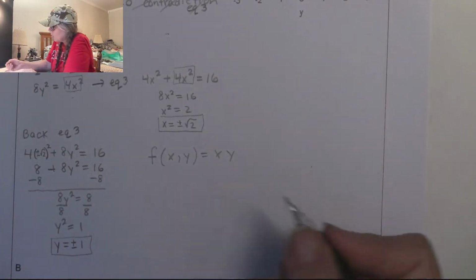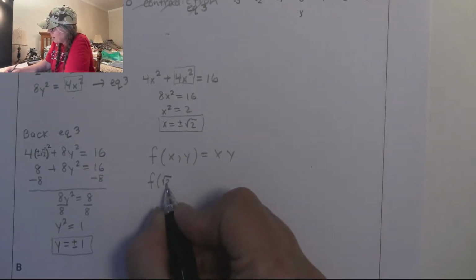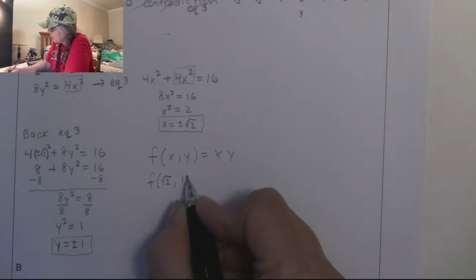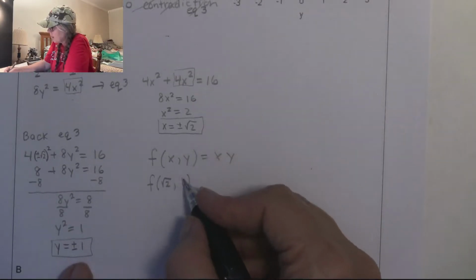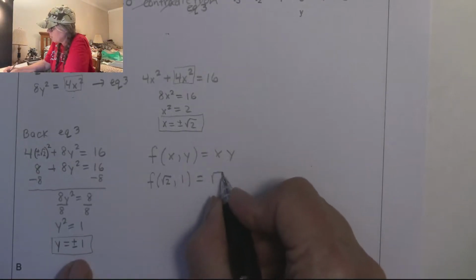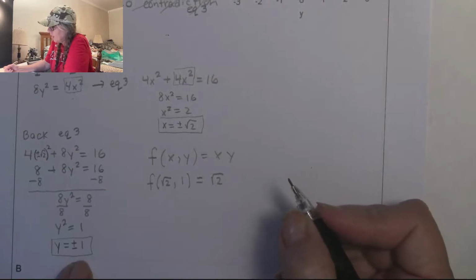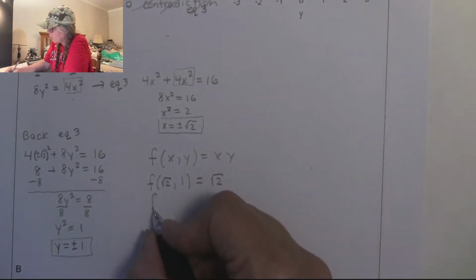So I'm going to have my 4 conditions. I'm going to have square root of 2, positive here, and 1, so positive, positive. When you multiply those together, you get the square root of 2. And can you guys see that if I make them both negative at the same time, I also get the square root of 2?